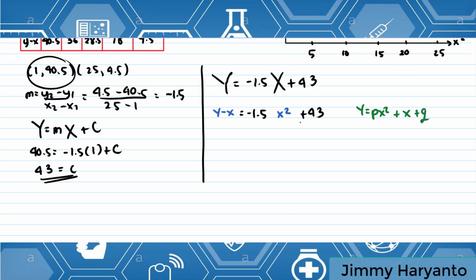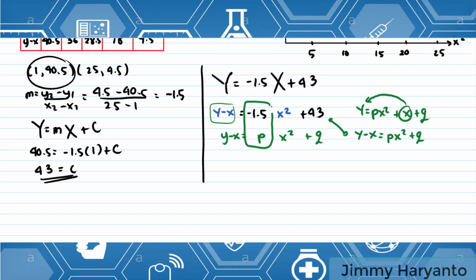Okay, how to make it similar? Look at this. We already have y minus x, right? If we move this x into the left side, it will become y minus x equals px squared plus q, which is very similar to our equation. So let's compare them. Y minus x equals px squared plus q. We can tell that p equals negative 1.5 and q is positive 43. There you go, p and q.